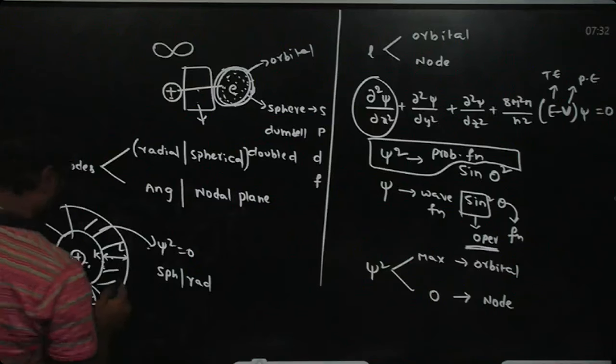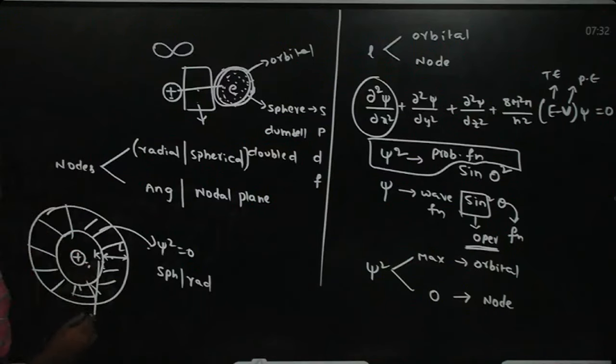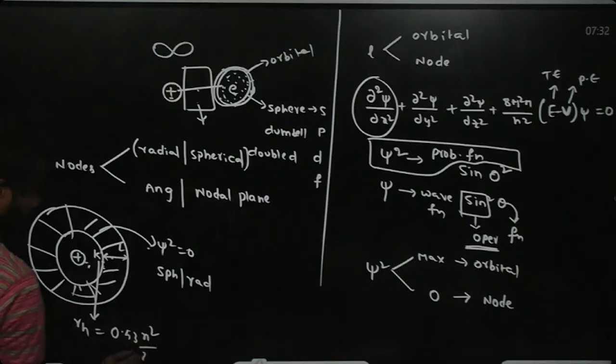Don't be confused. This is the K shell radius we gave. Rn equals, what is the formula we gave? 0.53 n square by Z angstroms. So the K shell is located at 0.53 angstroms.